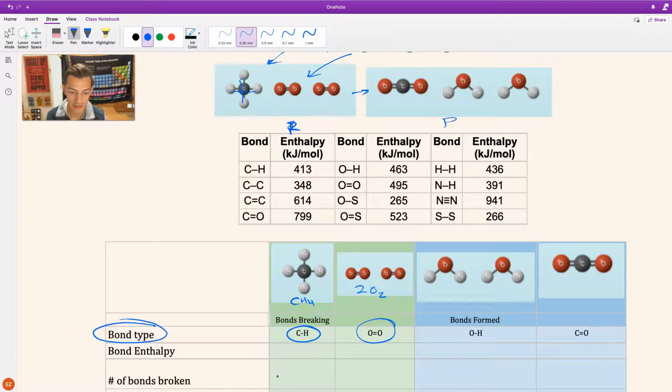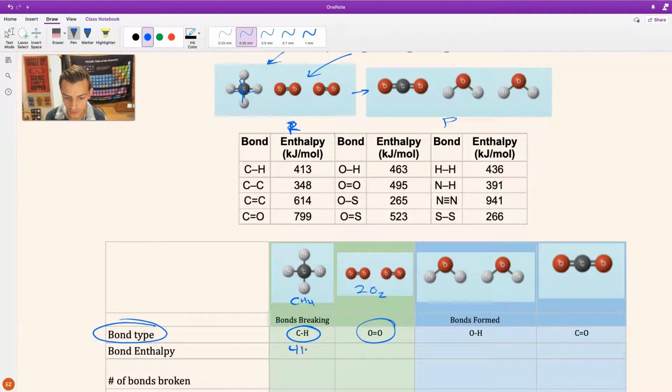Now our next step is to calculate the bond enthalpy, or at least the energy required to break the bond of a double bonded oxygen and a C to H bond.